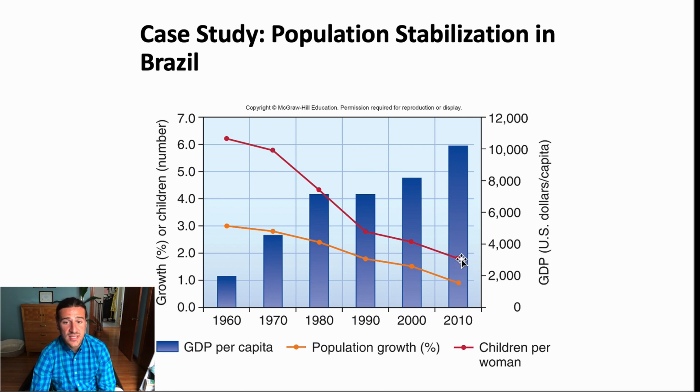Because infant mortality and child mortality will decrease. There's no need to procreate at this rate.